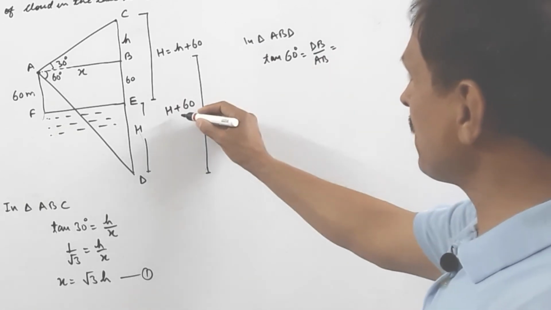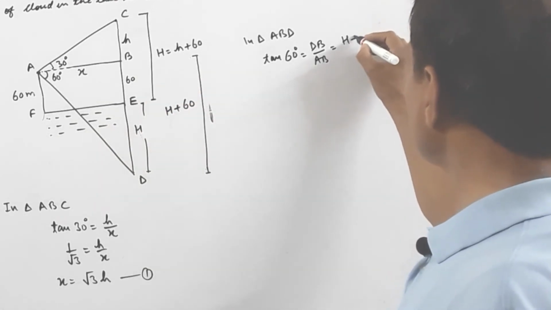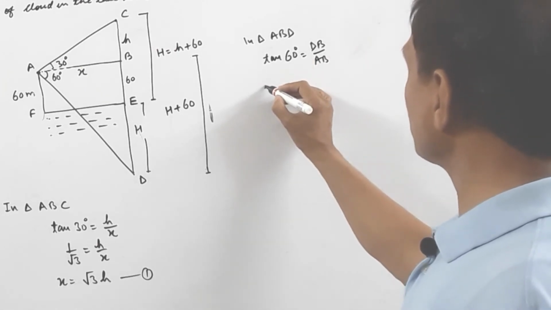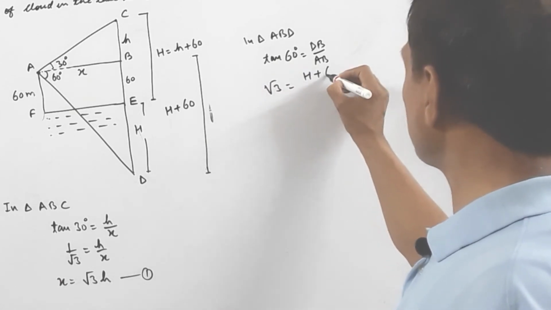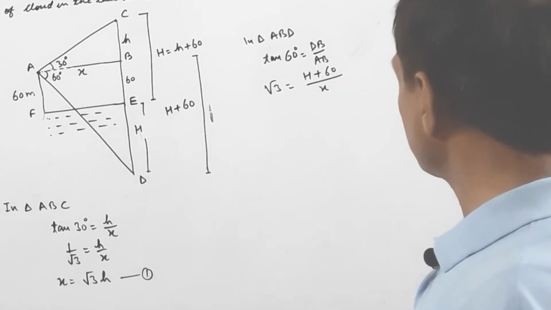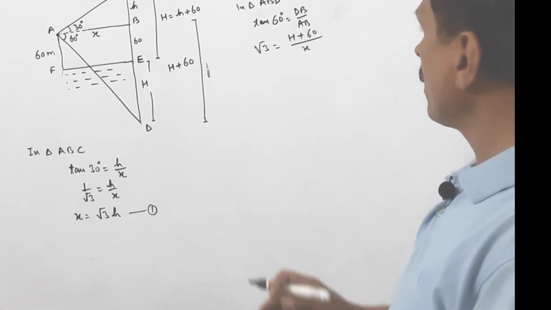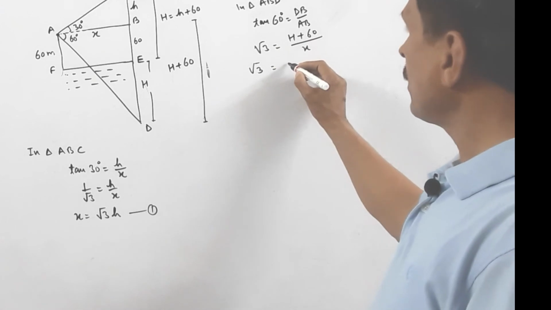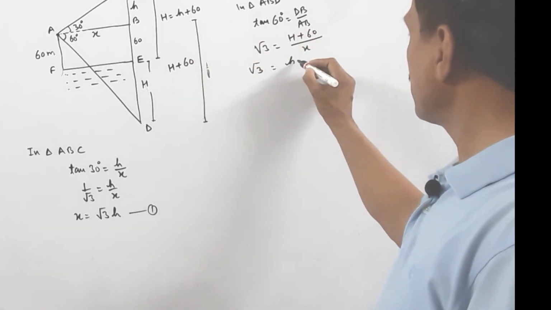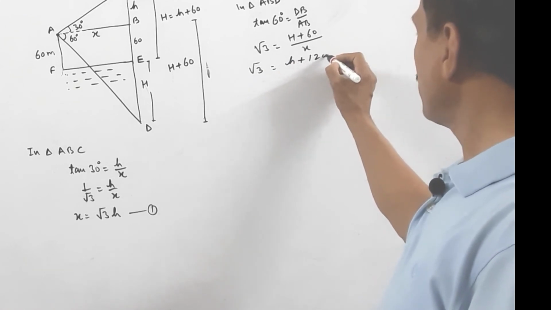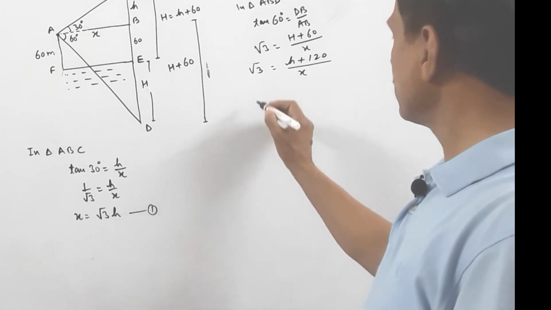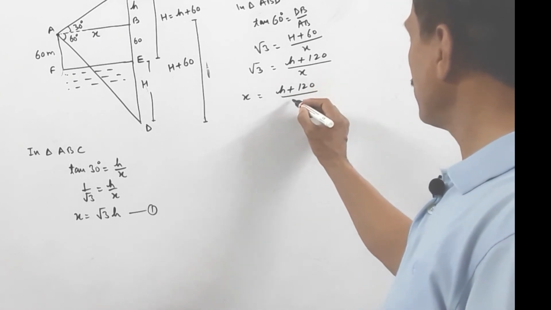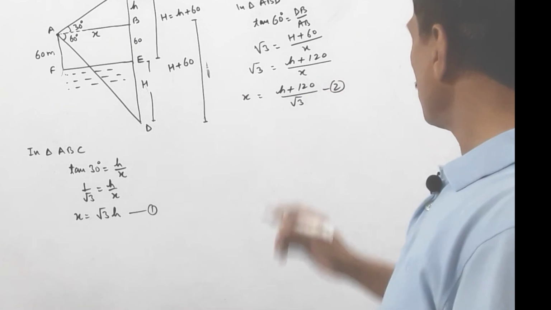DB is h plus 120, so root 3 is equal to h plus 120 upon x, which implies x is equal to h plus 120 upon root 3. This is 2.